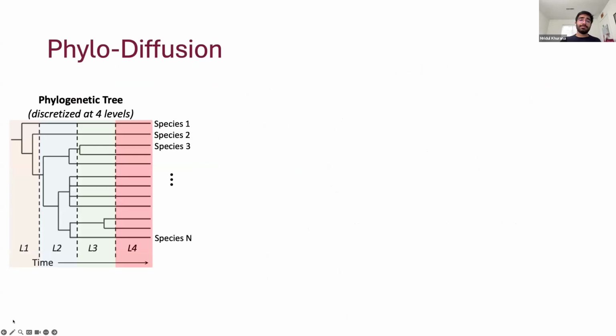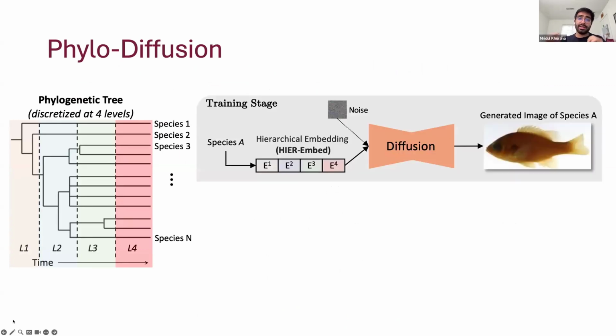We introduce a simple yet effective way to condition a diffusion model with this phylogenetic tree, or any tree for that matter. We create a hierarchical embedding that discretizes the phylogenetic tree into 4 levels, essentially creating level groups of species at the different ancestral levels, say level 1, level 2, level 3, level 4, across the timeline.